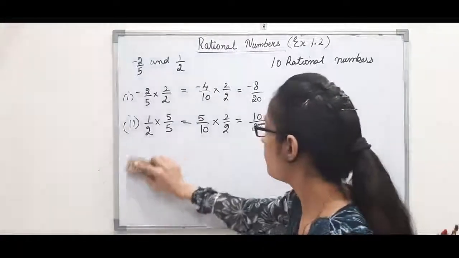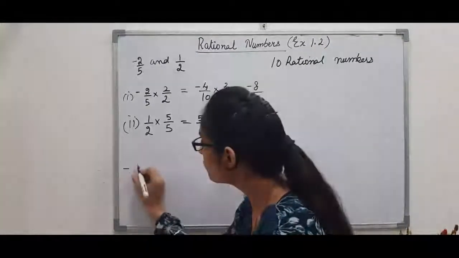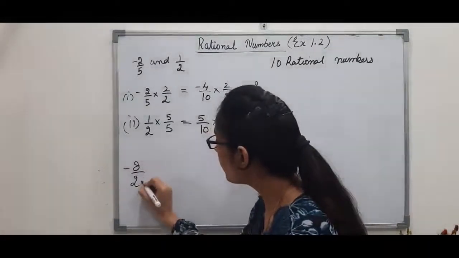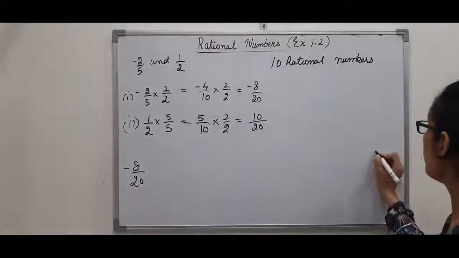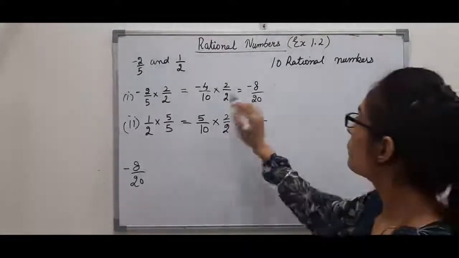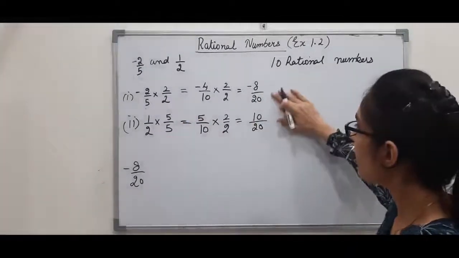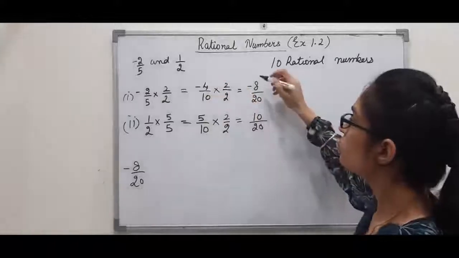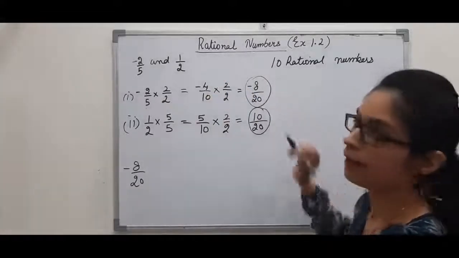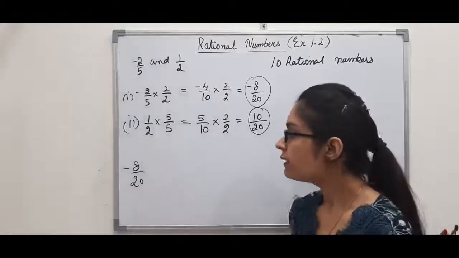So here I will replace these two numbers by minus 8 by 20, and this I will write 10 by 20. This number will be equal to this only, this will be equal to this. The only thing is we have made these numbers smaller by further multiplying, so that we can write more numbers. Minus 8 by 20.